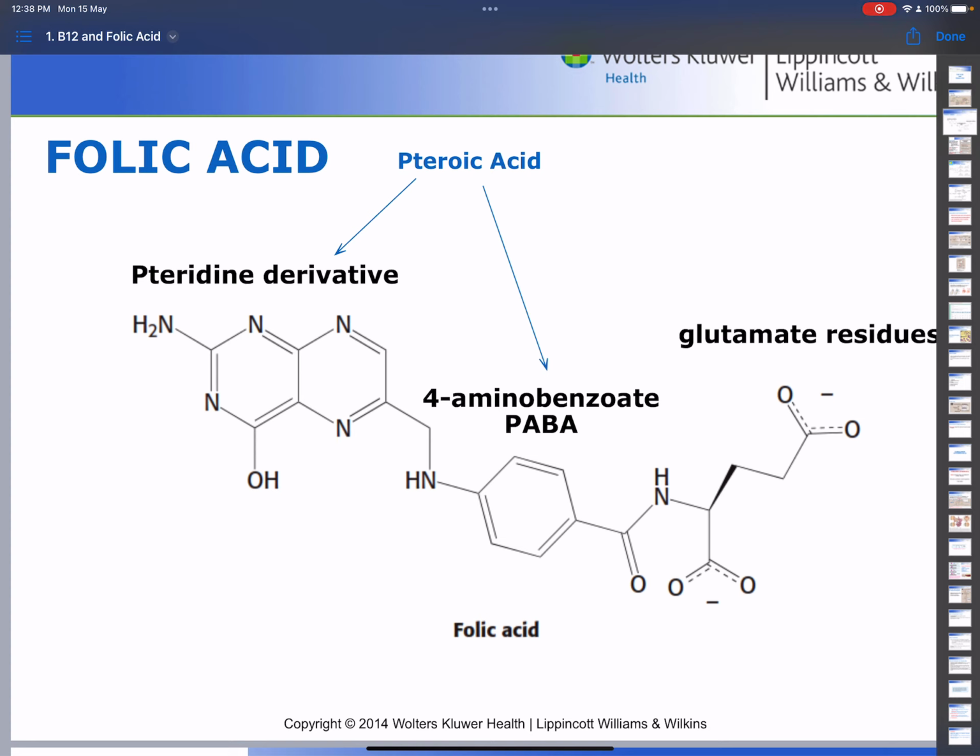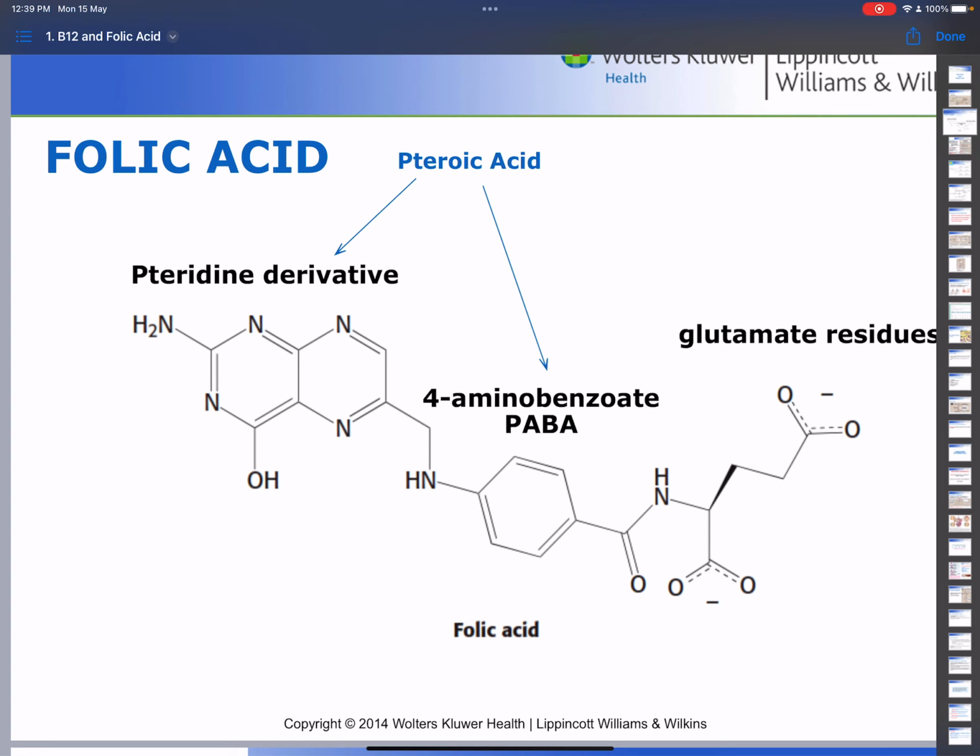So basically you have to know the basic structure of folic acid, which consists of what's called a pyridine derivative, or derivatives, because we could have more than one derivative of these molecules, and what's called small p, not capital P, PABA, or 4-aminobenzoate or benzoic acid molecule, that are conjugated with the glutamate.